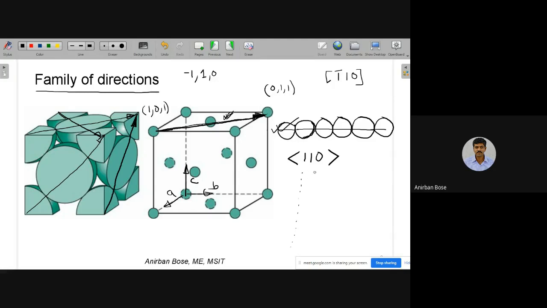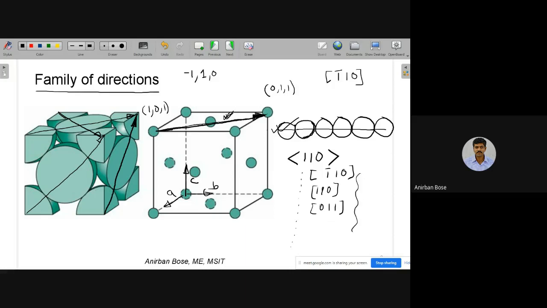That means one of the family member of this one is definitely bar 1, 1, 0 that we have just shown. Definitely 1, 1, 0 is one of the member. Okay, you will find other members like 0, 1, 1. You can draw all these things and you will find that they are kind of face diagonals. So these are all the family members.